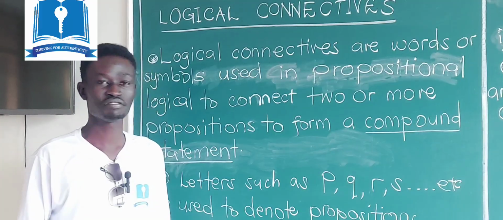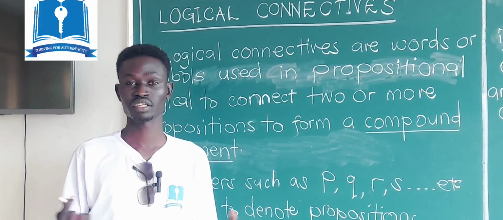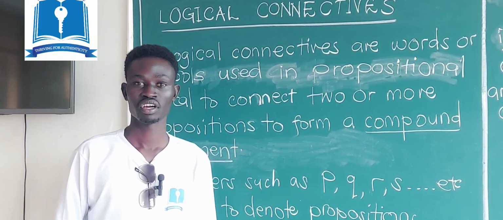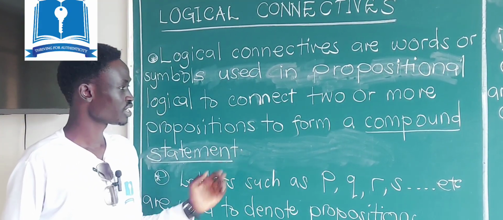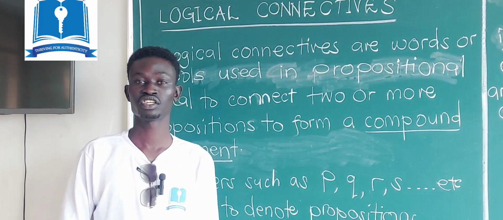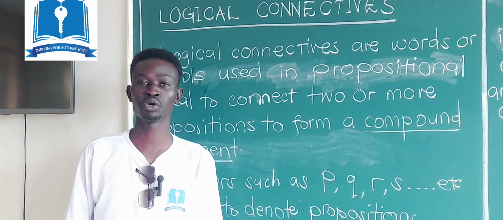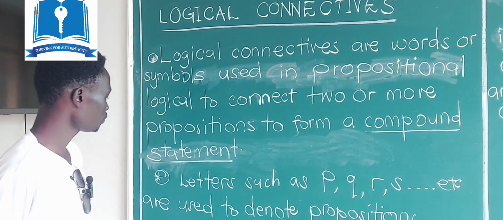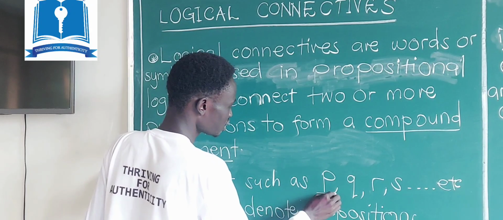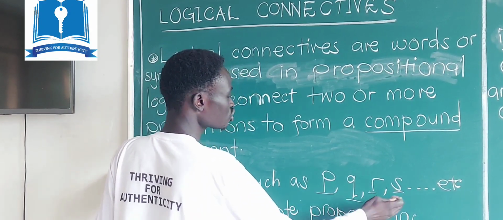We have five major common logical connectives that we will see as we continue with our topic. Also, we have letters that we use to represent them. We cannot use all the letters, but we can use a few of them, for instance P, Q, R, S, and many others.